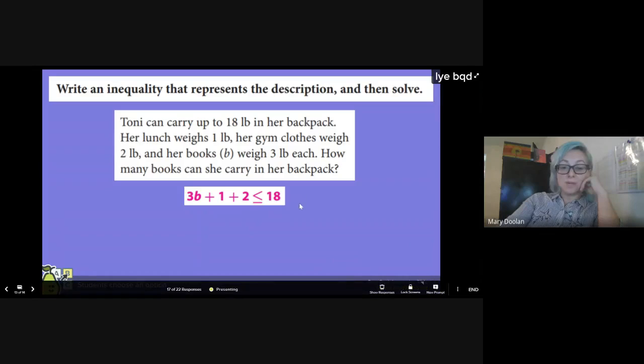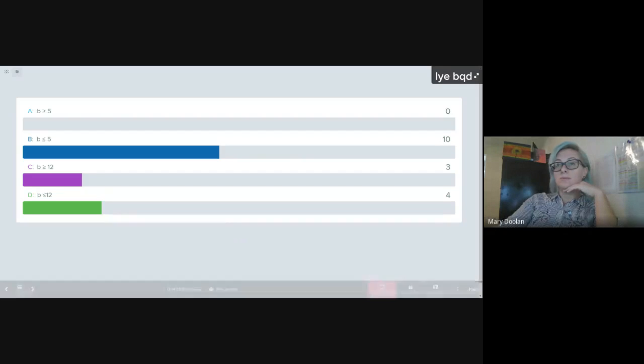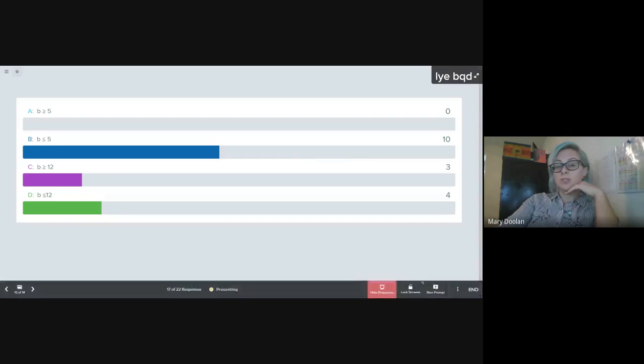If 3 and B are being multiplied, I want to use the inverse operation. I want to divide both sides by 3. We're dividing 15 by 3. What is 15 divided by 3?